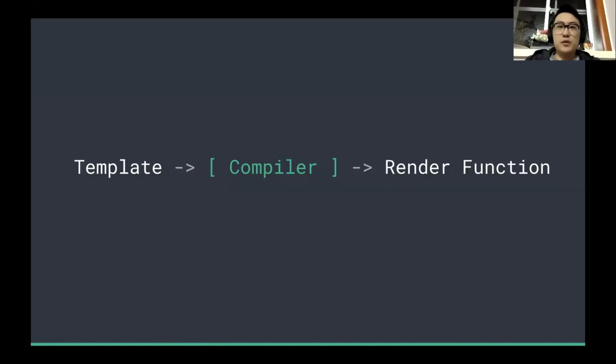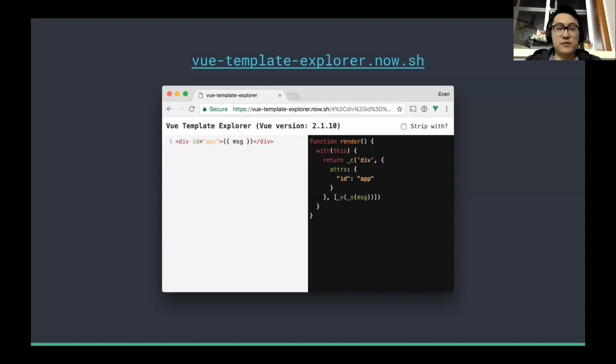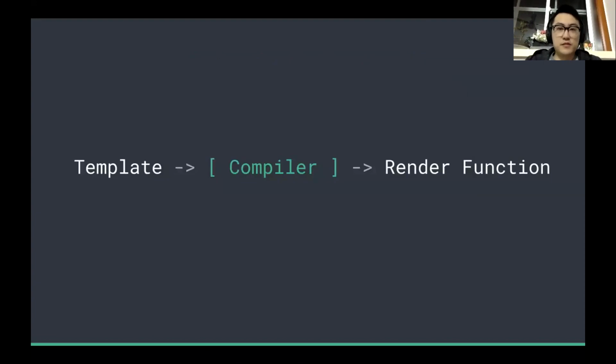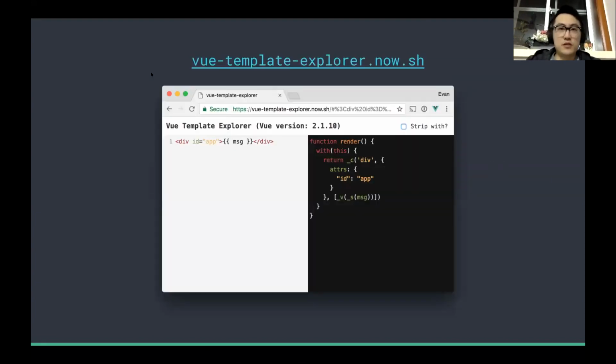So we'll explain what the compiler is first, and you will probably have a much better understanding of the difference between the two builds. The compiler is responsible for compiling the template into render functions. And if you're interested to see how it actually works, there is a little demo app called Vue Template Explorer at vue-template-explorer.now.sh.